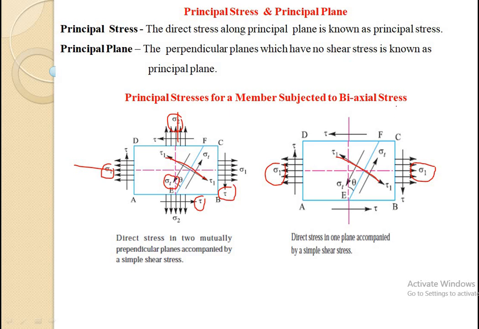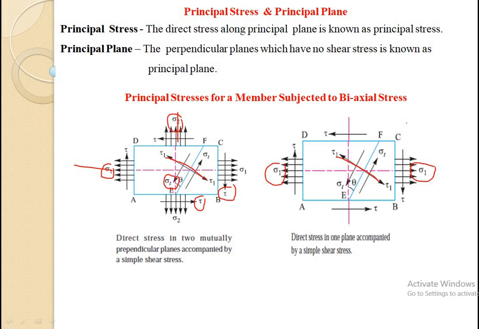That means on a principal plane only normal stresses act. And what is meant by principal stress? The direct or normal stress which is acting on the principal plane is known as the principal stress.